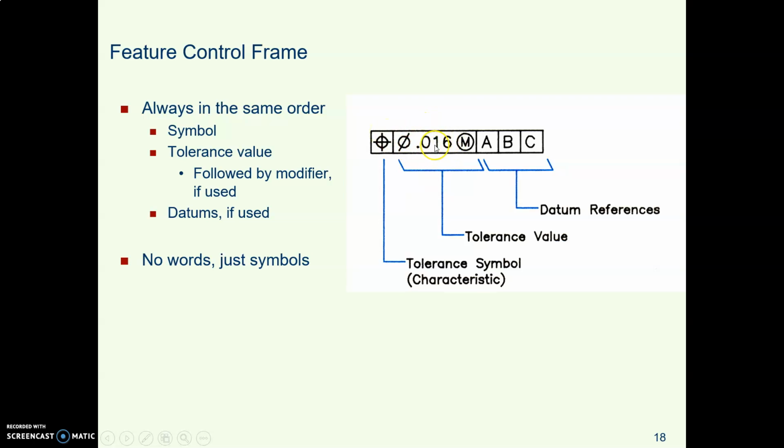Here's how big the tolerance zone is. Then a modifier if you're using one. So this M stands for maximum material condition. And then the symbol or symbols for datums, A, B, C, or whatever they are, if you use them. Not all tolerances do. And notice there are no words. This is all just symbols and numbers.